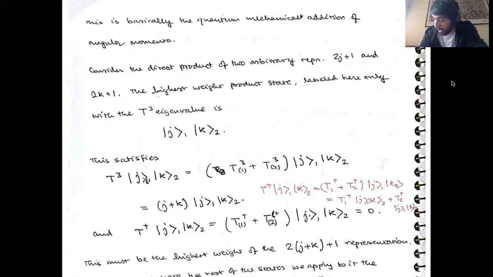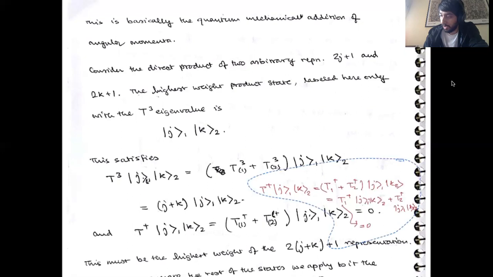Now T1 acts only on the 1. It does not do anything on the 2. So this is going to give you 0, because T1 plus acting on J1 is equal to 0. And this is individually going to give you 0 because T2 plus acting on K2 is equal to 0. So that means that the whole thing gives you 0.